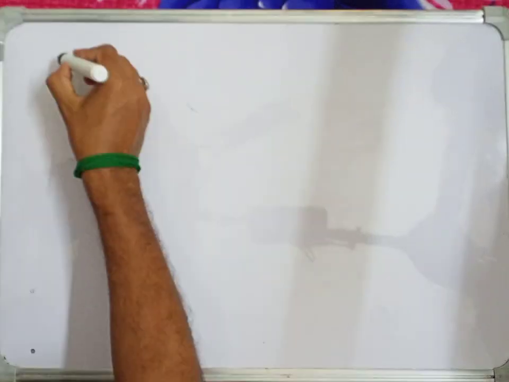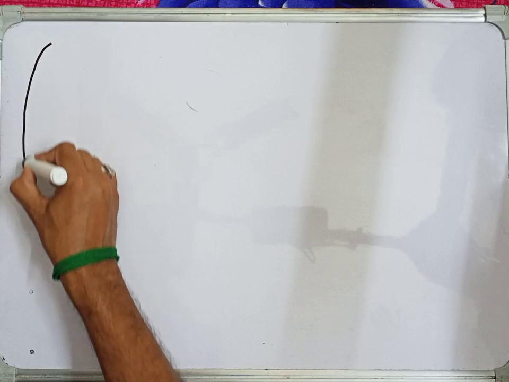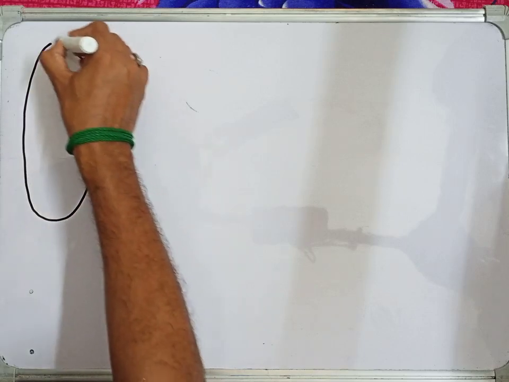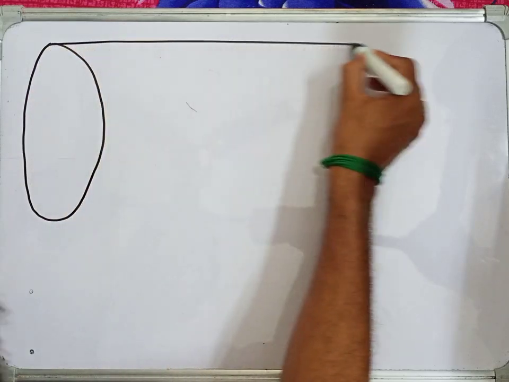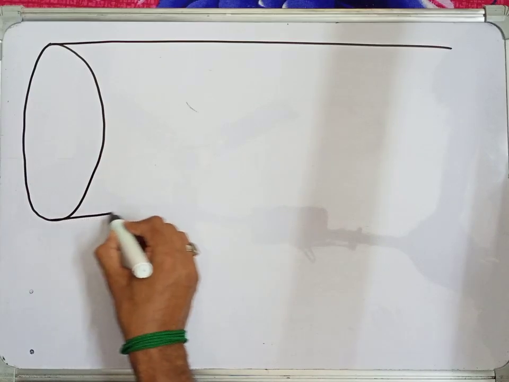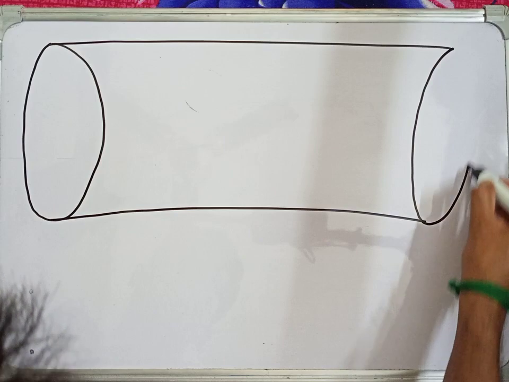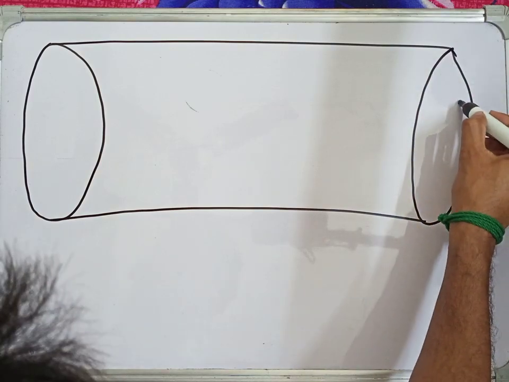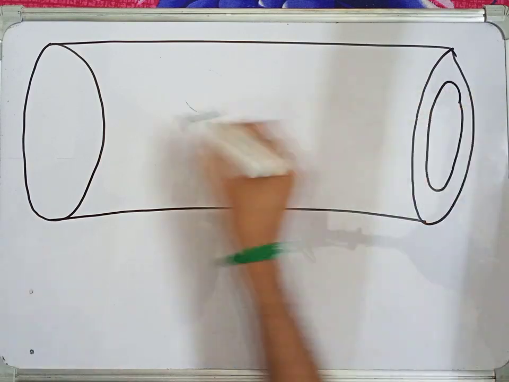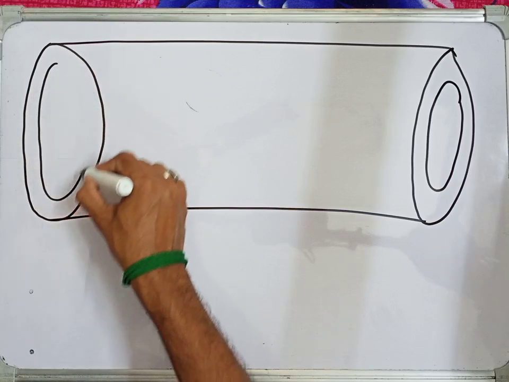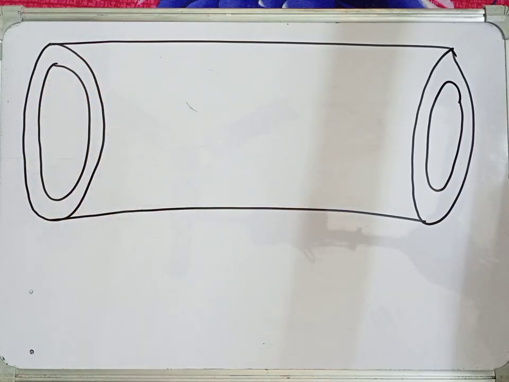And again there is the magnified diagram of the small intestine, that is the duodenum, and the further parts of our small intestine. I hope you are understanding me and following this diagram, right?